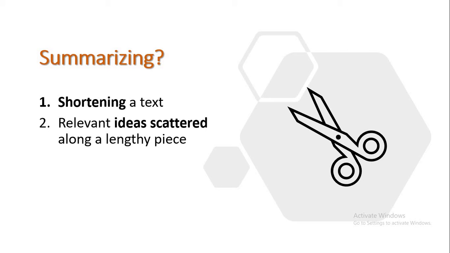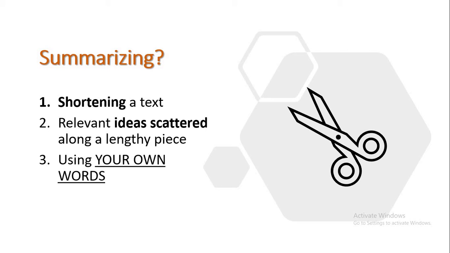This is summarizing. We are focusing on all the main ideas that give us the overall view of what's being discussed in an article or in a study, in addition to all the relevant details, all the supporting details, the pieces of evidence that we can find along this study or this article.